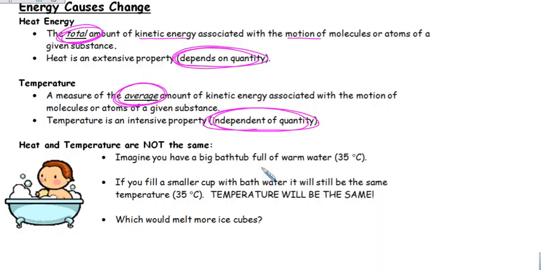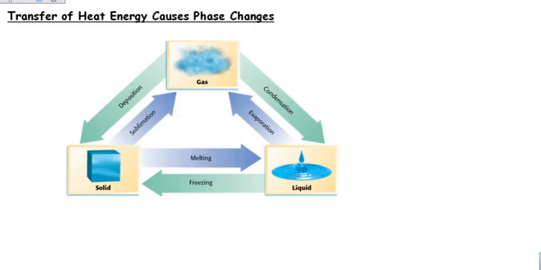Now, we'll use this concept of heat and temperature in a few ways throughout this unit. We'll look specifically at energy transfers associated with phase changes, which are physical changes. And then toward the end of the unit, we'll look at chemical changes. And we kind of know that's one of the requirements of a chemical reaction.